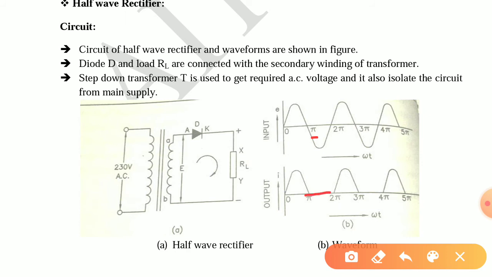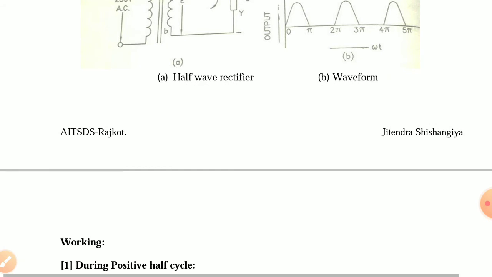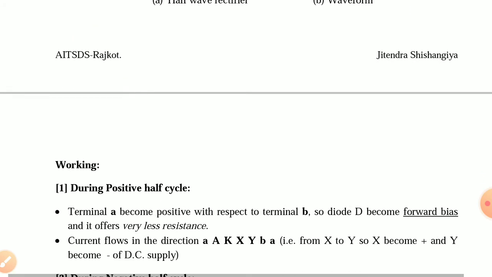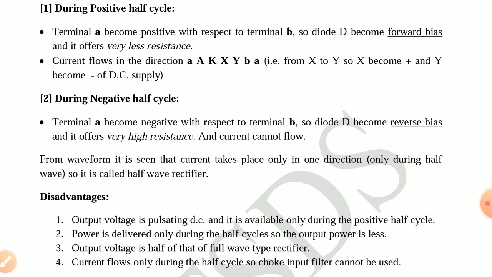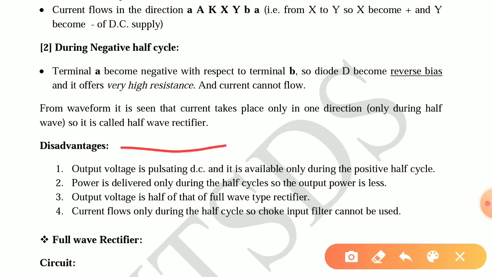Again, in the positive cycle, we get the output. During the negative cycle, the output is 0. The same process is repeated for the next cycle of the AC supply. We get output only during the positive half cycle and during the negative half cycle the output is 0. So the current flows only during one half cycle, so it's known as a half wave rectifier.